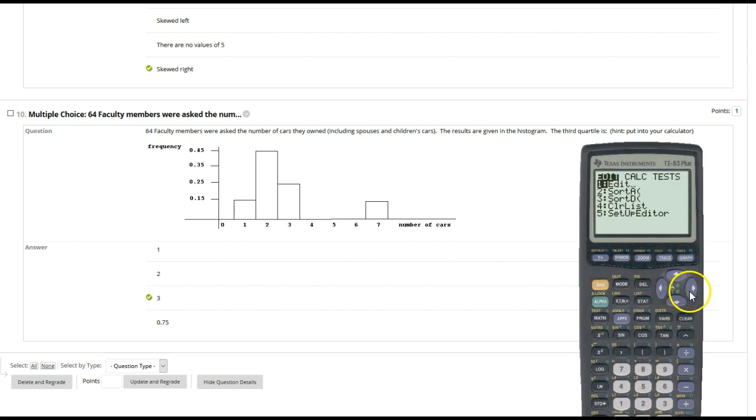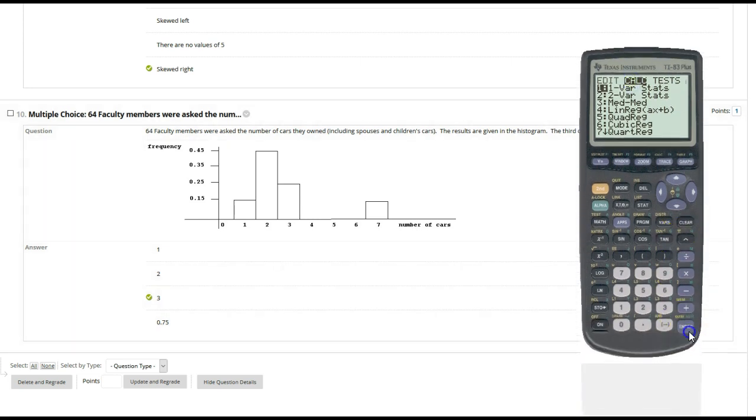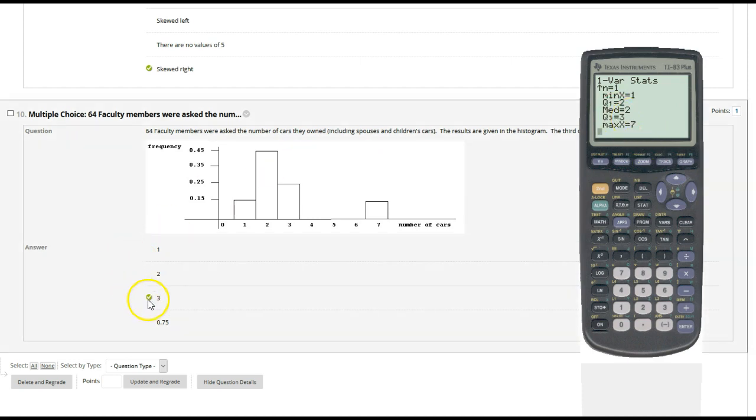So just hit stat, over to calculate, put this up here, hit enter. Then we're going to put L1, comma L2. What we want to know is Q3. So right here it tells us Q3 is 3, so that is our answer.